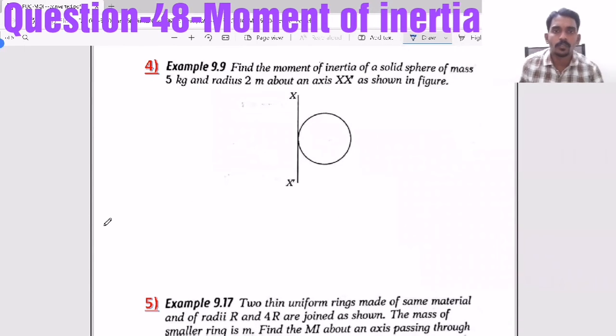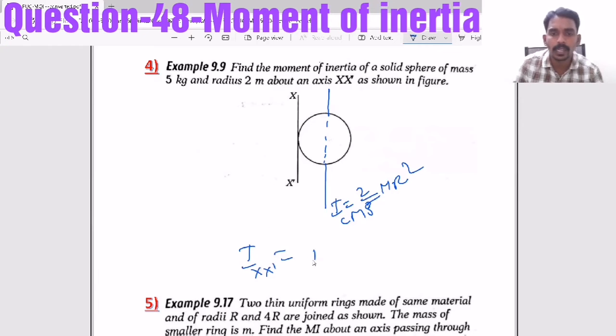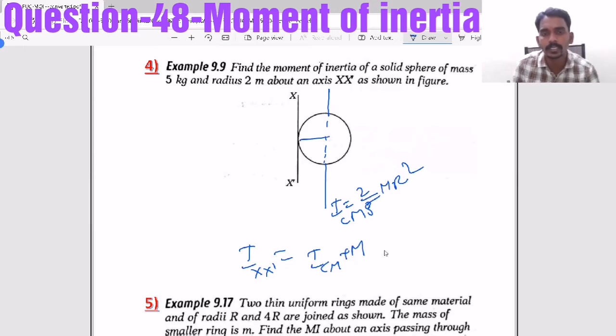Now similarly, one more question. Find the moment of inertia of a solid sphere of mass 5 kg and radius 2 meter about an axis xx dash as shown in the figure. Now it is a solid sphere, so about the diameter the moment of inertia is 2 by 5 mr square, about the center of mass. Now about the unknown axis, if you apply the parallel axis theorem, ICM plus mass into the perpendicular distance between the two axes, r square.